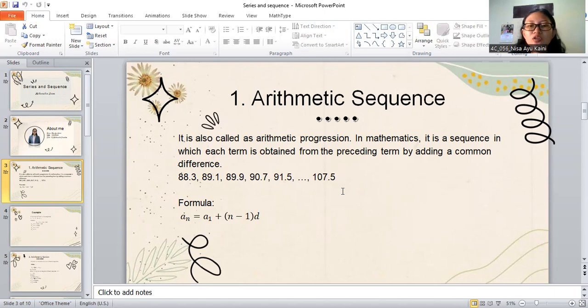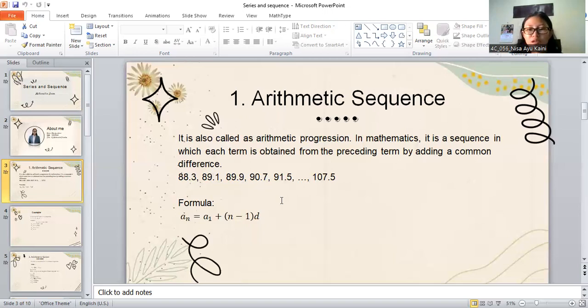All you need to do is subtract the first term from the second term, that results in 0.x, the third term minus the second, that results in 0.x, the fourth term, that results in 0.x, and so on.